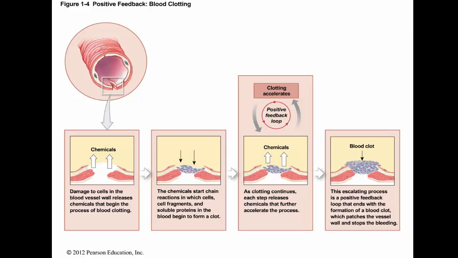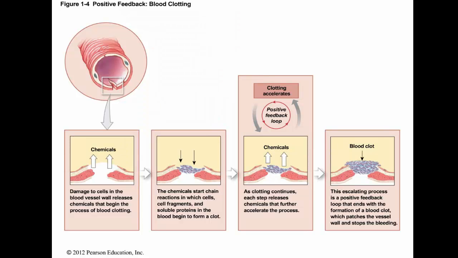We've got the circle up top, which is showing you a drawing of a blood vessel, and you can see there that there is a cut in the blood vessel. That square inside that circle has now been enlarged to be the first square on the left-hand side. The yellow part of the drawing is inside the blood vessel. Then you have the pink bits, which are the actual vessel wall.